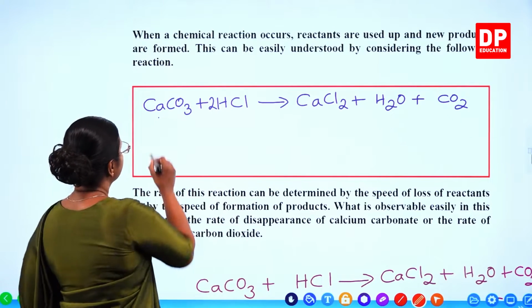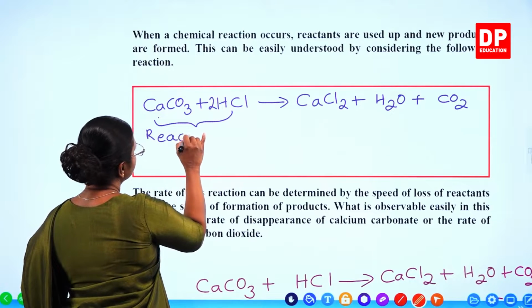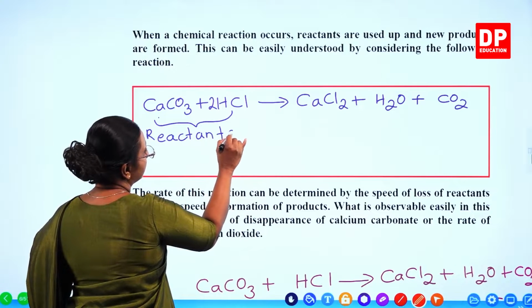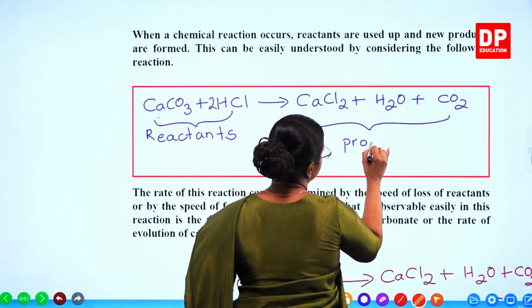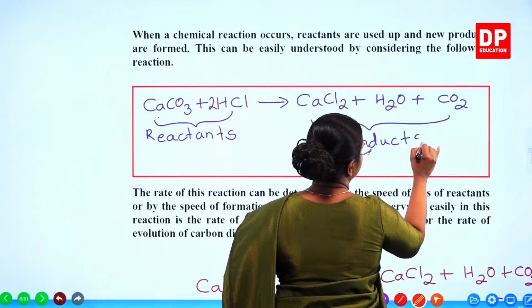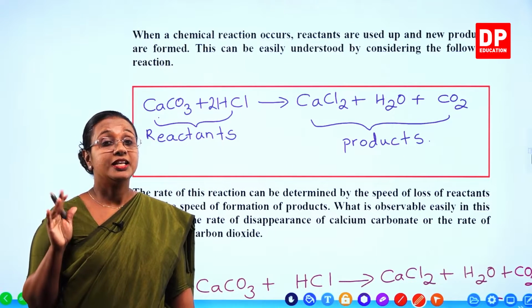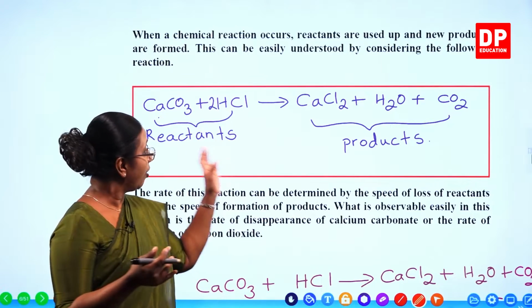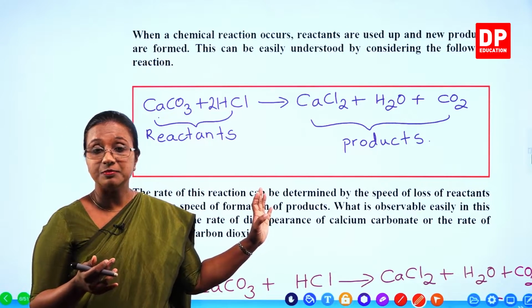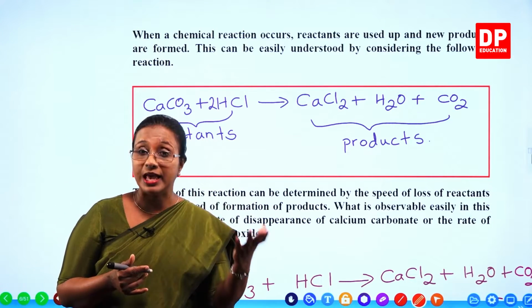So, in this, these 2 are the reactants and these 3 are products. Again, to recall what you have learned before, reactants can be either elements or compounds or a combination of elements and compounds, and the products again can be one or more than one.